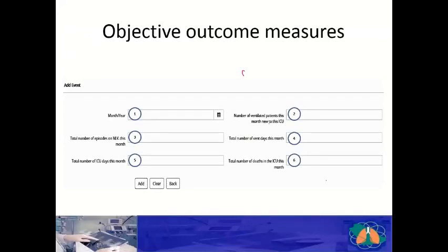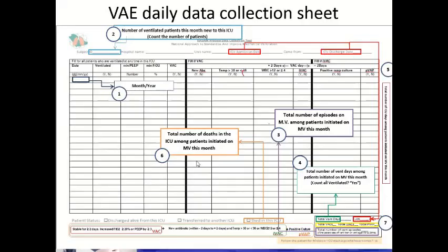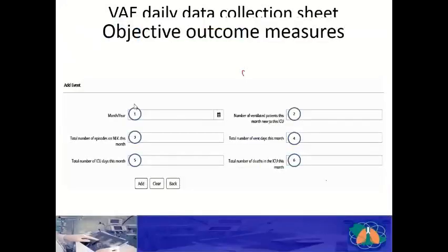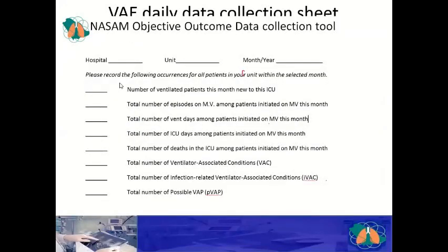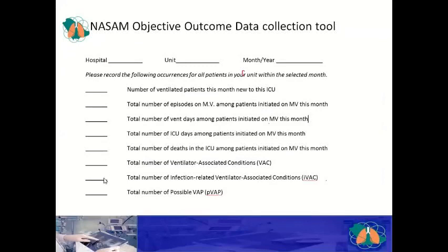And for the total number of deaths in this ICU, simply we are looking at how many patients died during that month. So the data looks like this. It's the same data that we have seen before. And by this, I conclude my presentation.